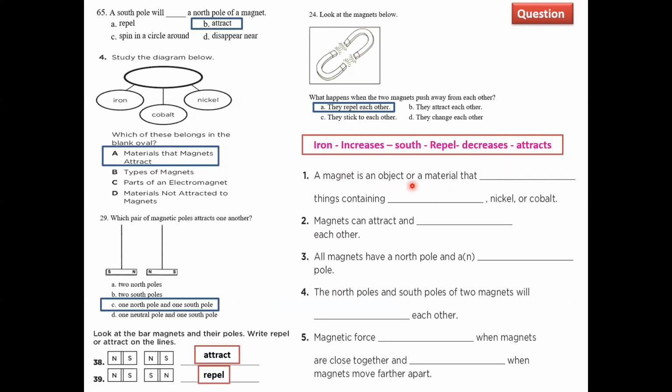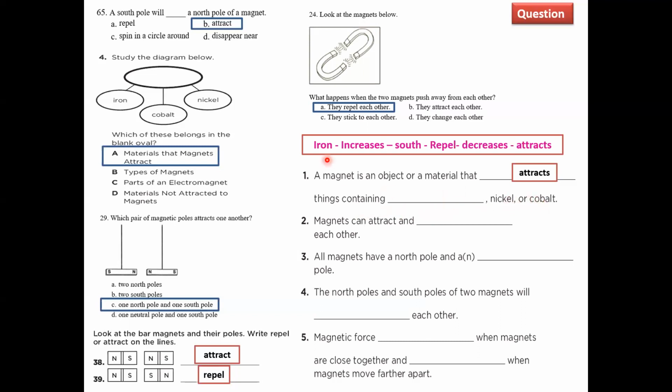A magnet is an object or a material that attracts things containing what?